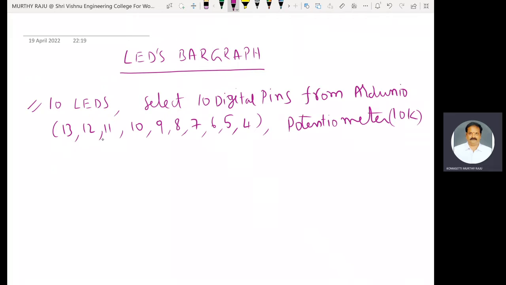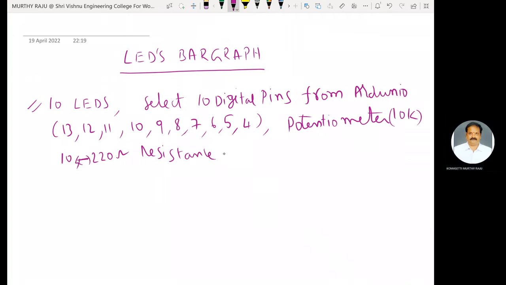With the help of the Arduino board, I have to choose the digital pins. These 10 digital pins are connected to 10 LEDs through 10 220 ohm resistances. These are the components we will require.